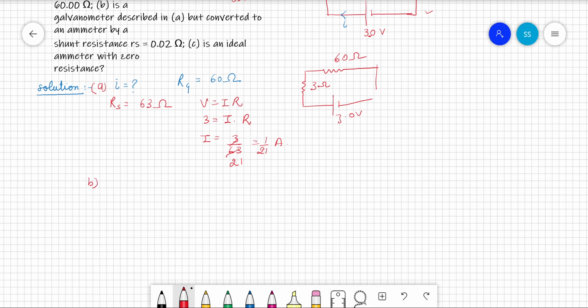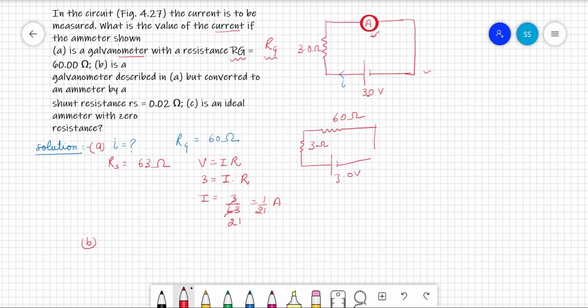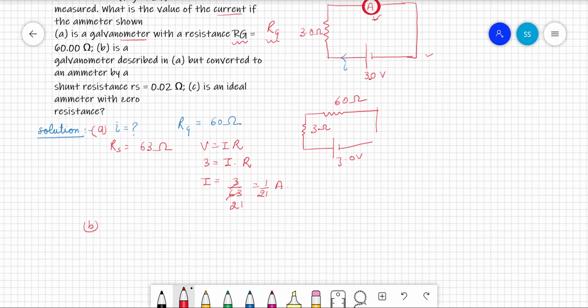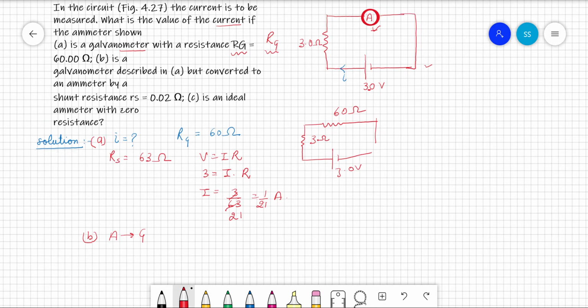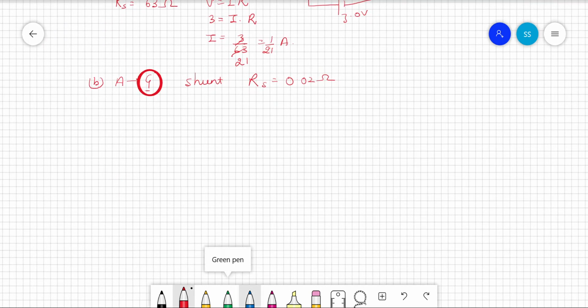Now let's move on to the second part. The second part states that the ammeter is a galvanometer, but this galvanometer is converted into an ammeter with the help of a shunt having a resistance of 0.02 ohm. Clear? Now let's understand here.